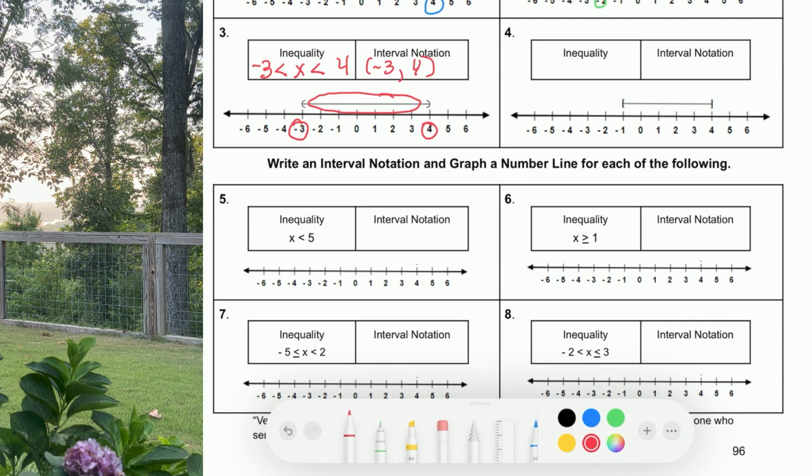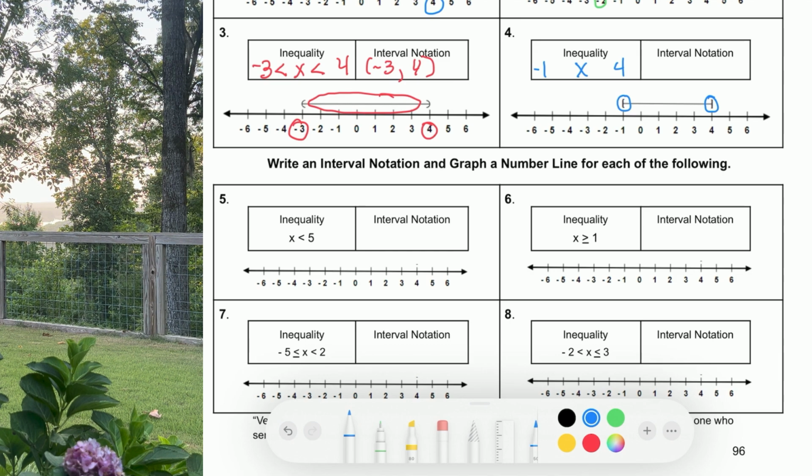Number 4. We have a similar situation where we're going to have two framing points. We have -1 and we have 4. So I'm going to start with the -1 here and the 4 here, and I know that my x is somewhere in the middle. I notice that they both have brackets. They don't have parentheses.